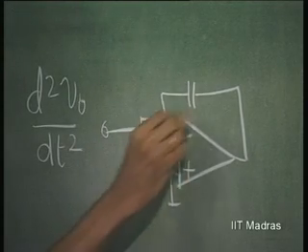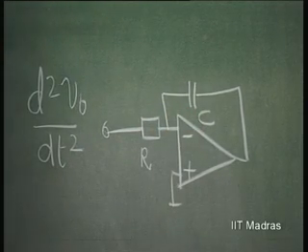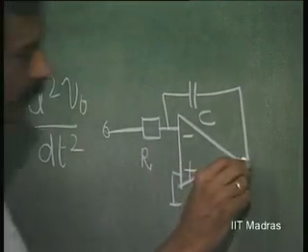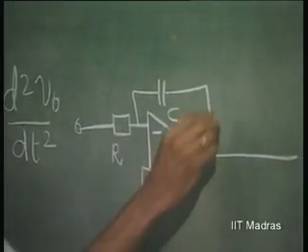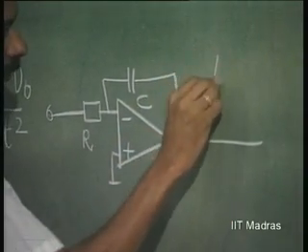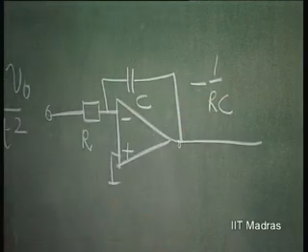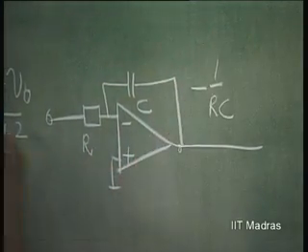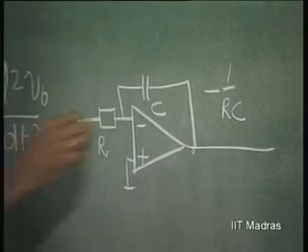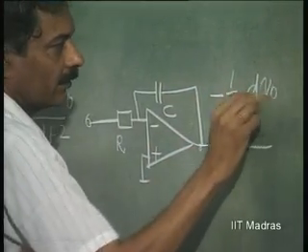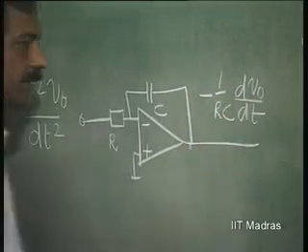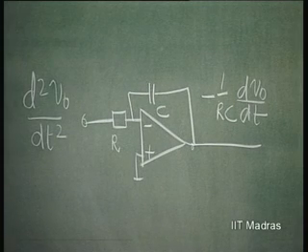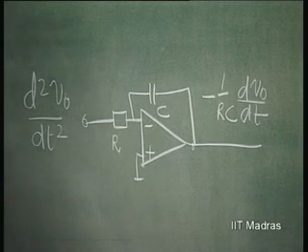This is say R C. So, output is going to be minus 1 over R C, that is what we have seen earlier, integral of d squared V naught by dt squared, which is dV naught by dt. So, you got dV naught by dt by integrating d squared V naught by dt squared.